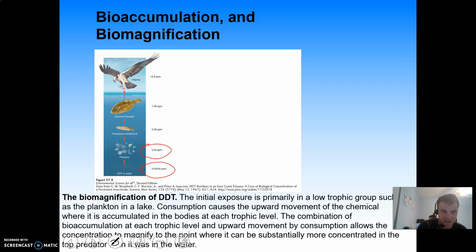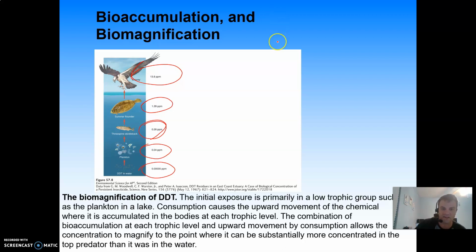Smaller fish would eat the plankton and continually consume a low concentration of DDT in the plankton, but they would continually get it, so it was magnified. And then it magnifies into flounder, which is a larger fish, and eventually it gets up to the osprey. When the osprey eats 1.28 parts per million in each flounder, all of that is going to accumulate.